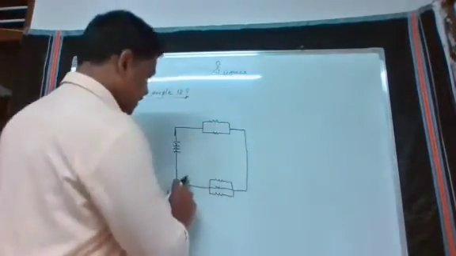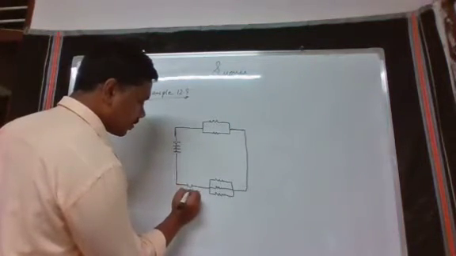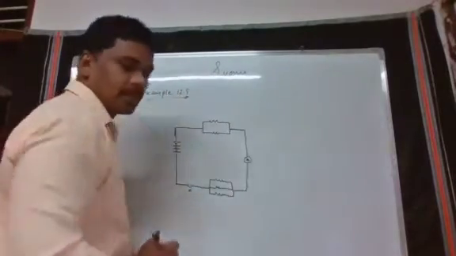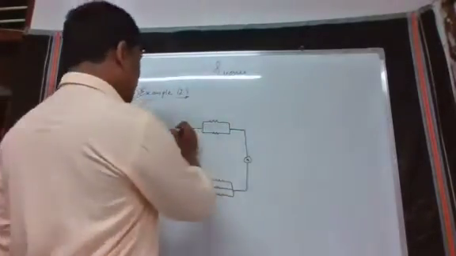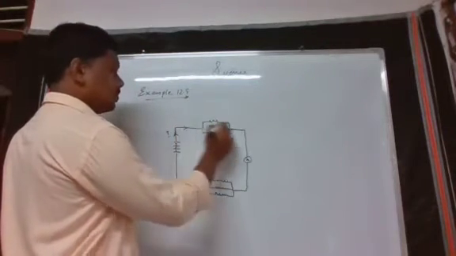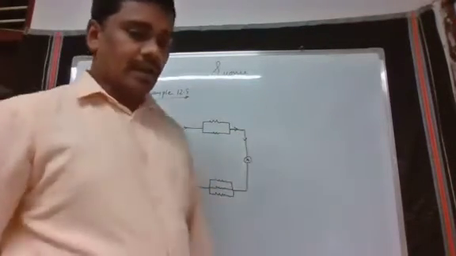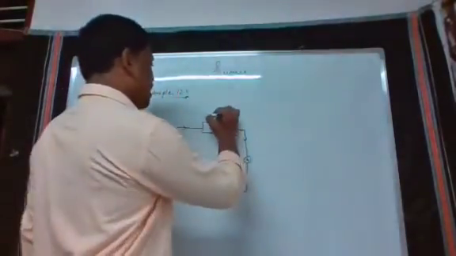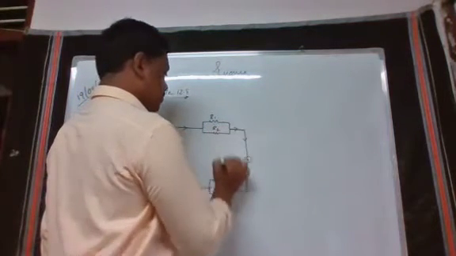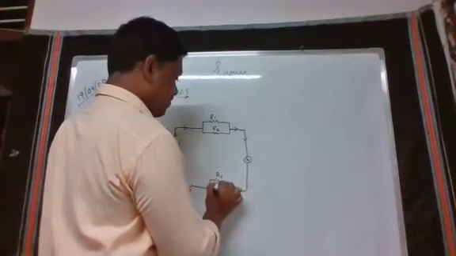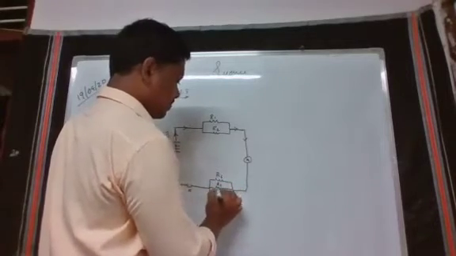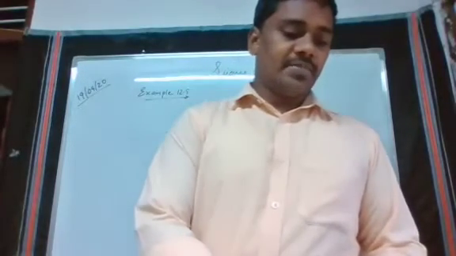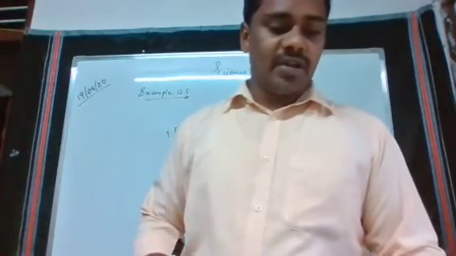Okay, the plug key is connected here, and the ammeter is connected here. Current I flows in this direction. And the resistors R1, R2, R3, R4 and R5. This is the arrangement for the circuit we are having.